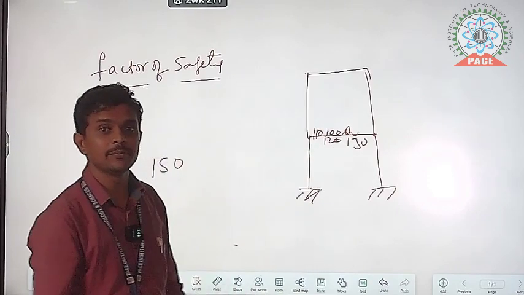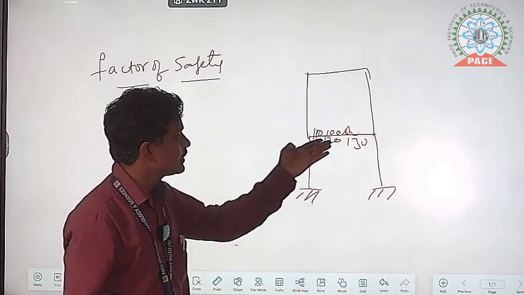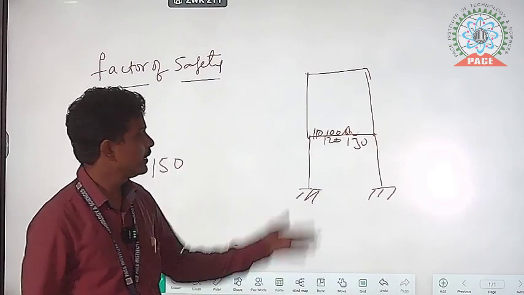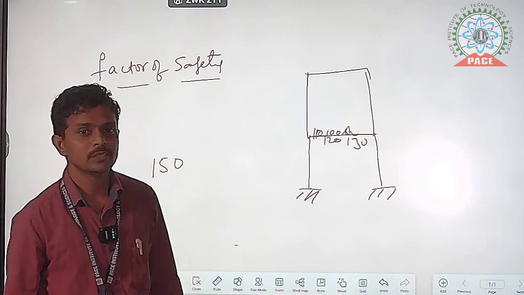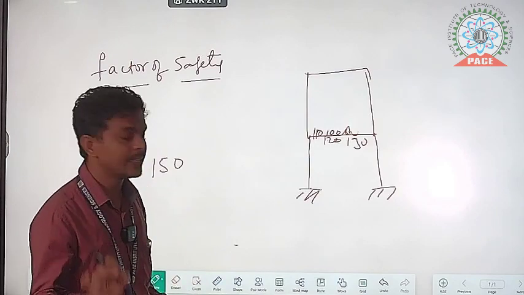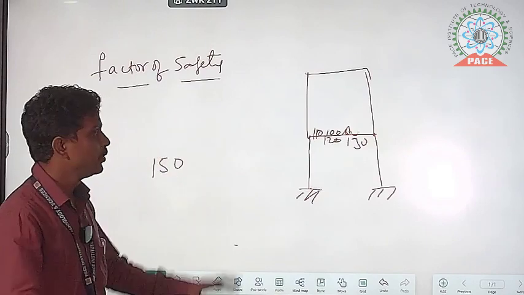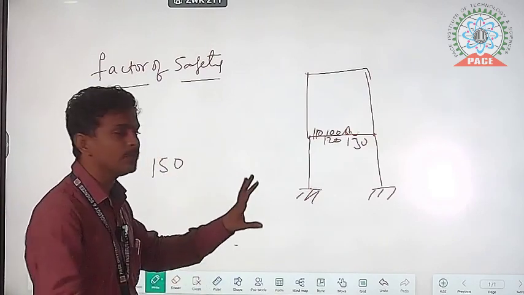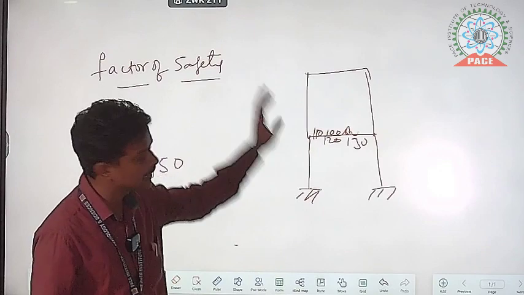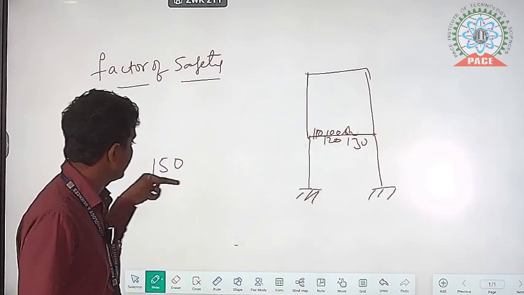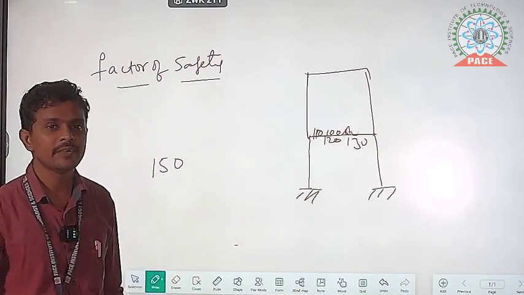So that's why it is very, very important that we need to consider the factor. That factor means we tell the owner that the capacity is 100, but we designed for 150. Whatever that factor is, that is for safety purpose, that is the factor of safety.